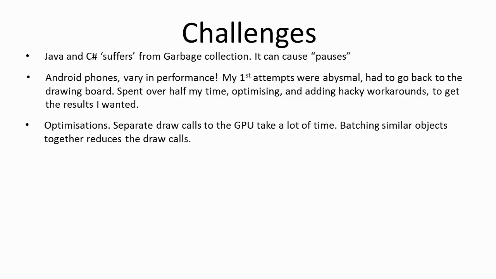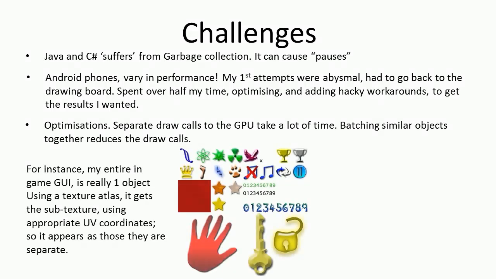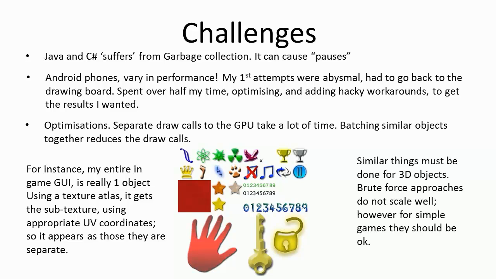And one of the things that's very important is to try to reduce the amount of draw calls that you make to the graphics processing unit, or GPU. And here's one example, is that the entire in-game GUI is actually one object.